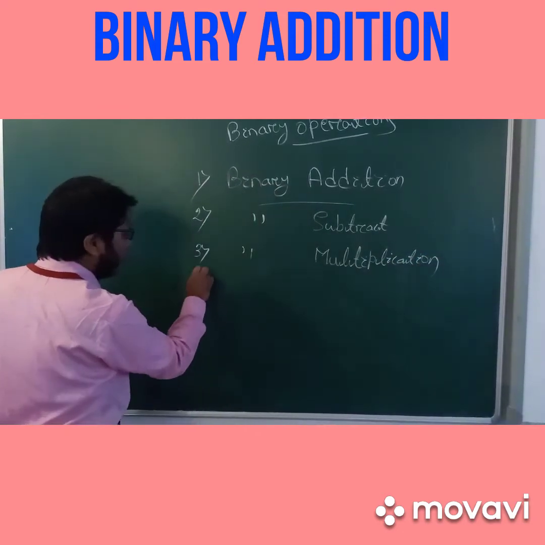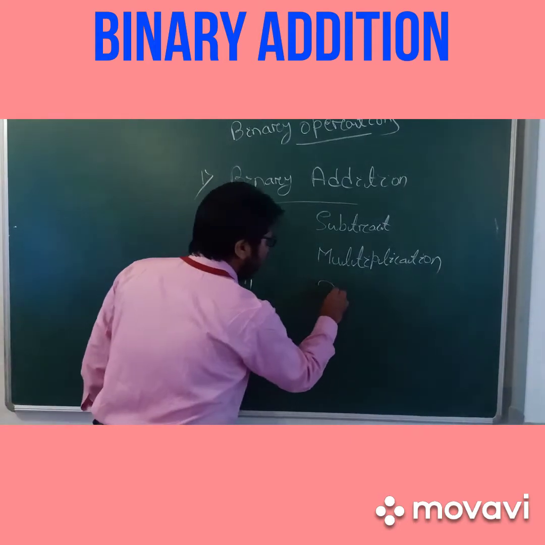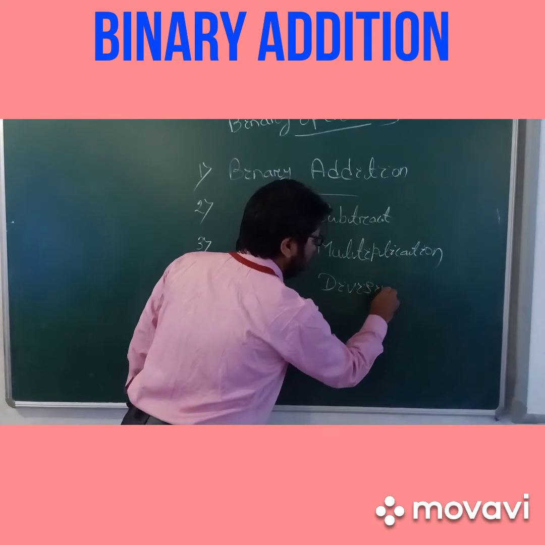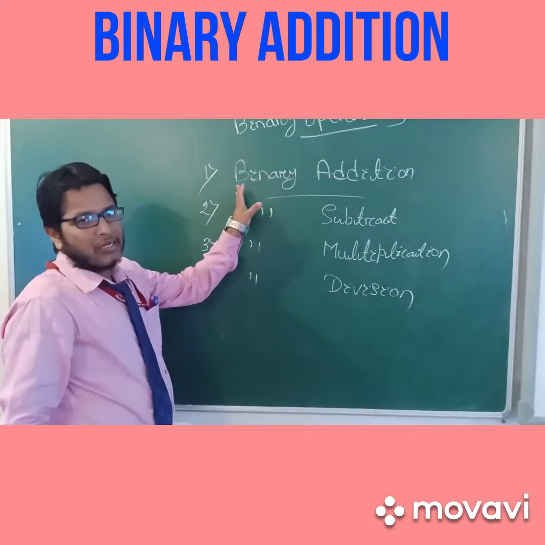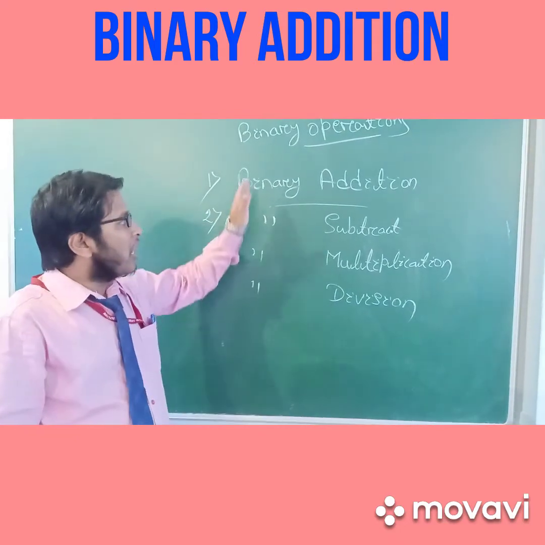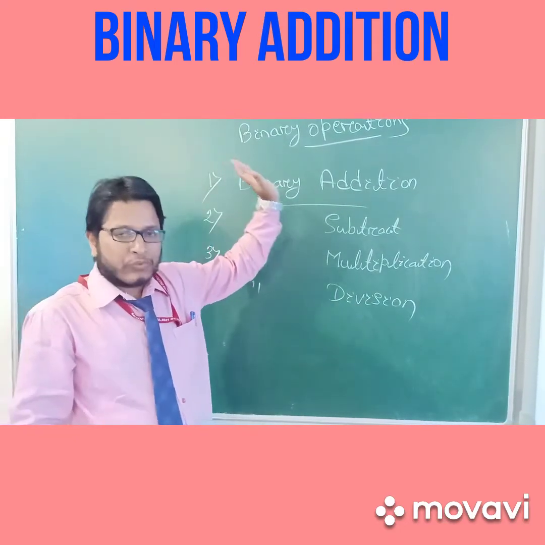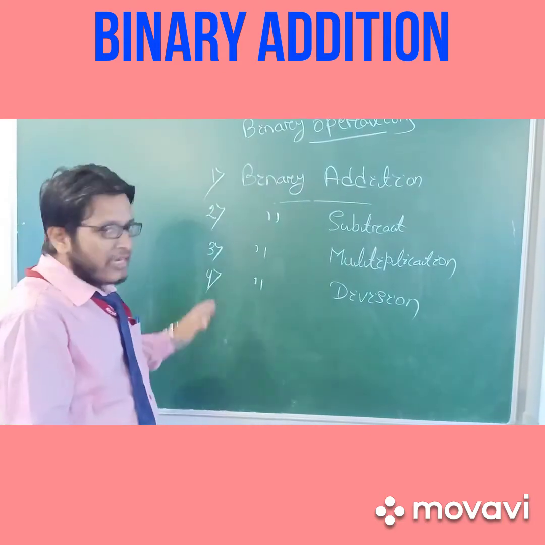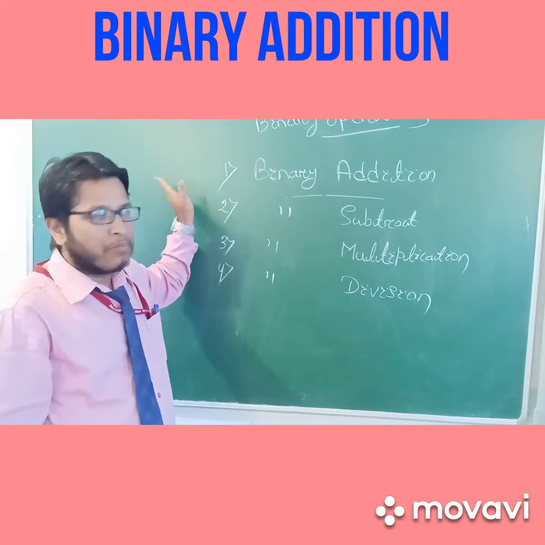And the last one, binary division. So students, first of all, I will discuss binary addition, that is, how to do addition between the binary digits of a number. Let's discuss it by example first.